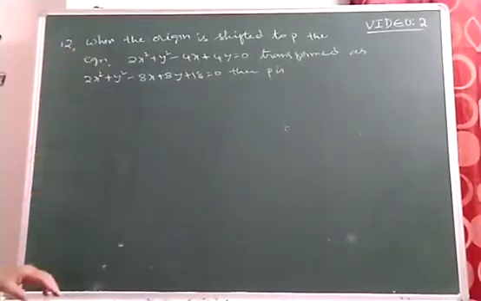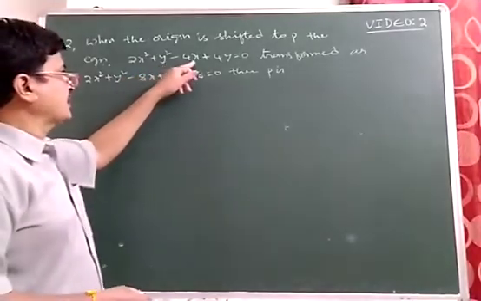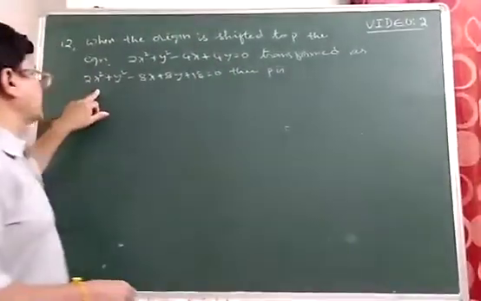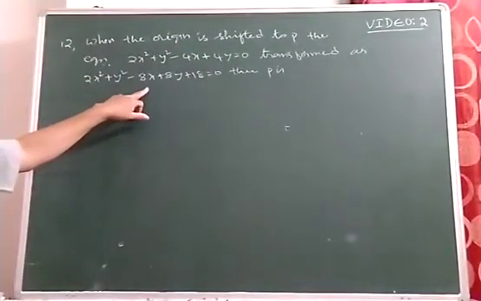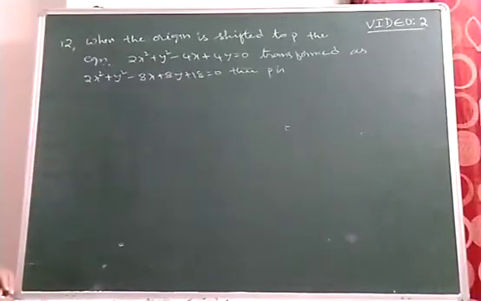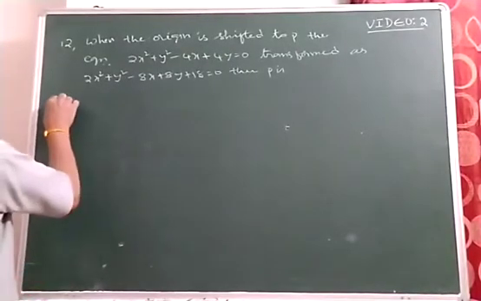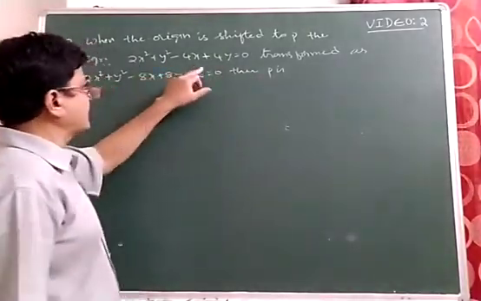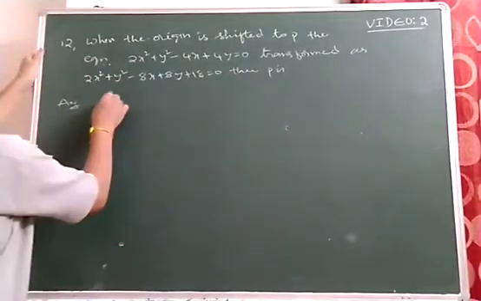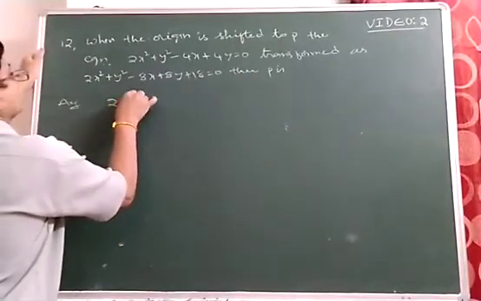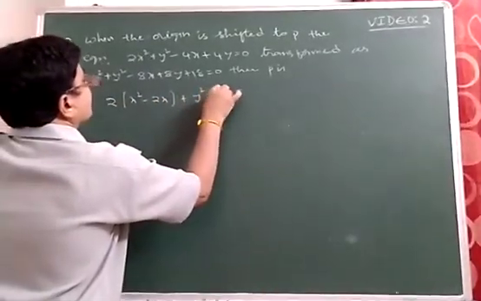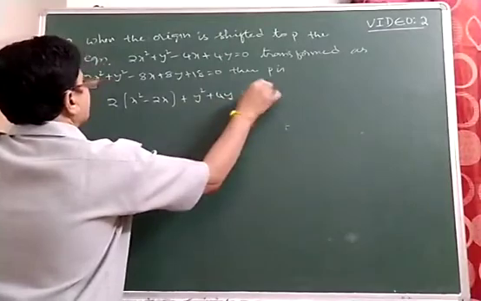Question number 12. When the origin is shifted to the point P, the equation 2x square plus y square minus 4x plus 4y is equal to 0 is transformed as 2x square plus y square minus 8x plus 8y plus 18 is equal to 0. Then the point P is? So if you want to find the new origin, the given equation can be written in the form of 2 into x square minus 2x plus y square plus 4y is equal to 0.